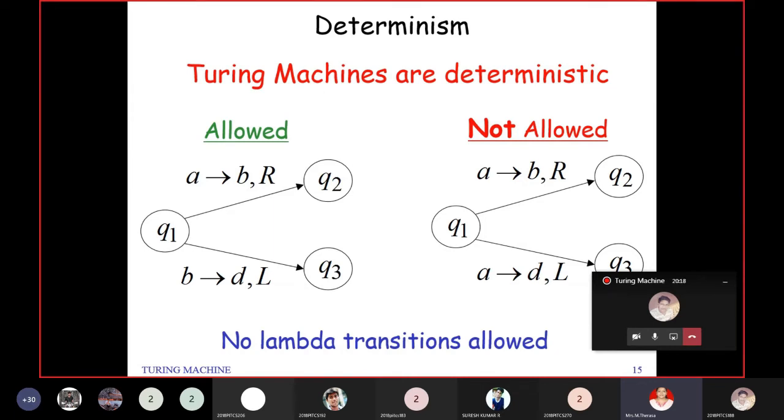For each and every input symbol, if there exists only one next state, then we'll call that a deterministic finite automata. Whereas in non-deterministic finite automata, for a state and an input symbol, there may be 0 or more transitions.